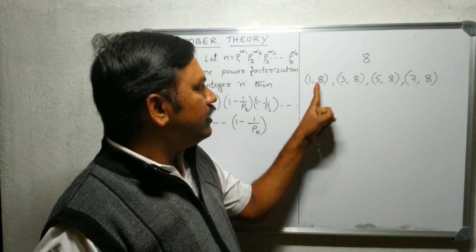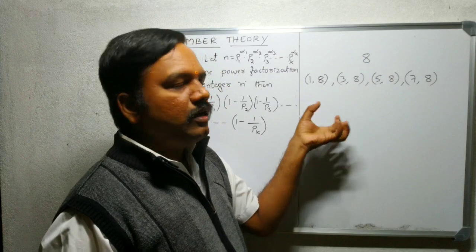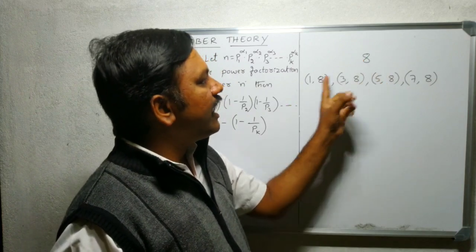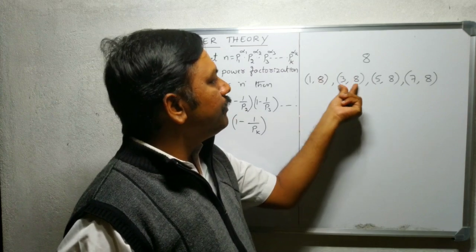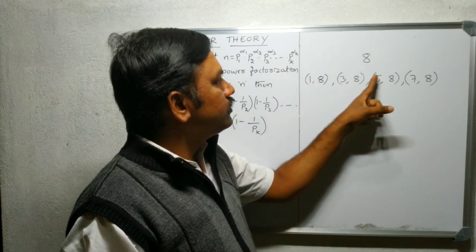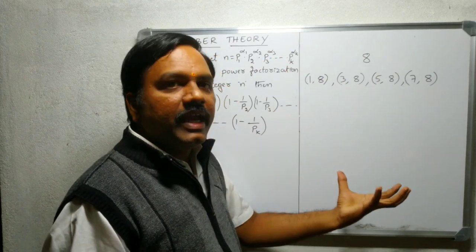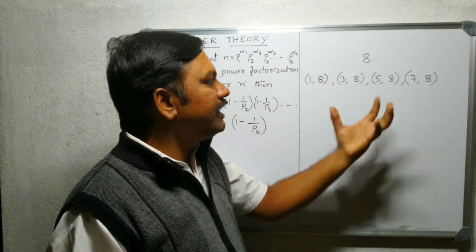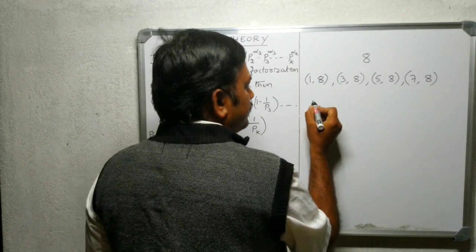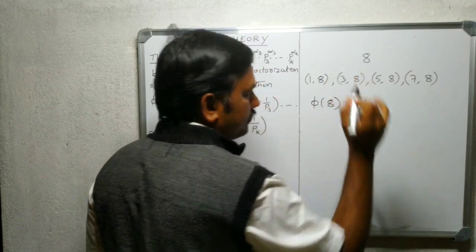See here, 1, 3, 5, 7 are the positive integers. They are all less than 8 and they are relatively prime to 8. Those 4 numbers are less than 8 and relatively prime to 8. That is denoted as phi of n. So here phi of 8 is 4.